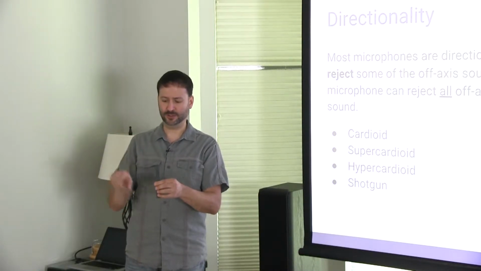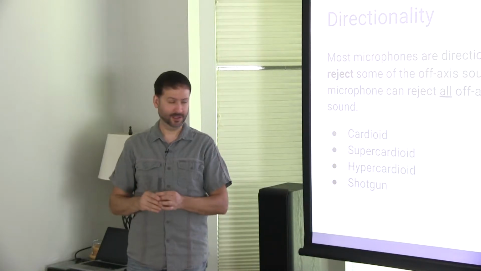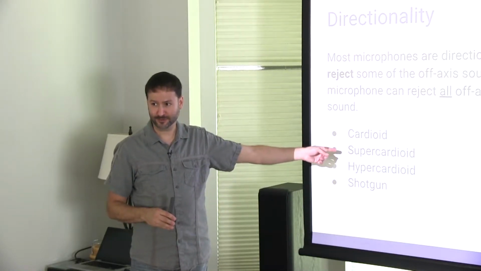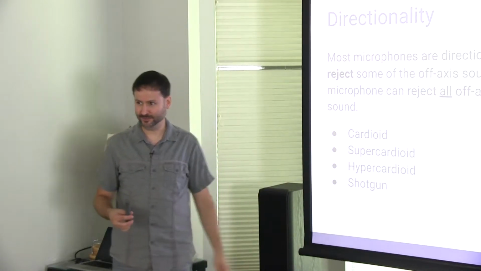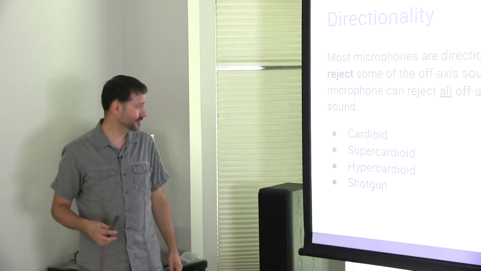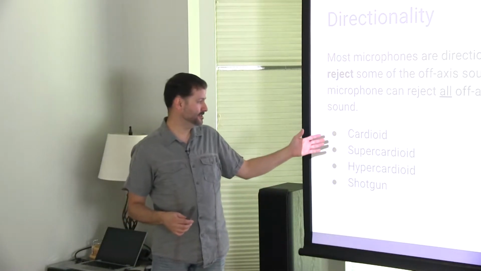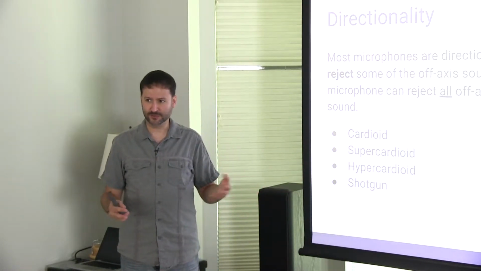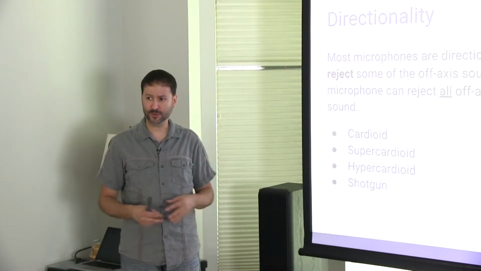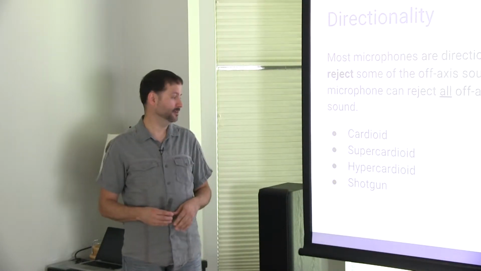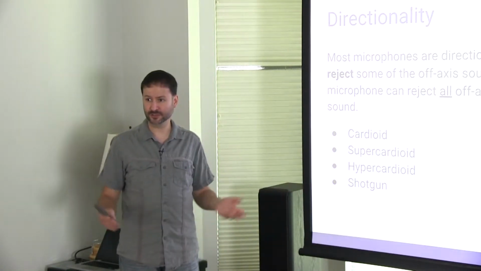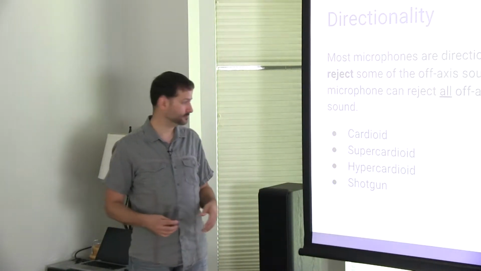And what you end up with is a shape that's sort of heart-shaped, and that's why a directional microphone is called a cardioid microphone. Cardioid is related to the word for heart. So cardioid, supercardioid, and hypercardioid are just examples of even more directionality, more off-axis rejection. And then a shotgun is kind of the most off-axis rejection.